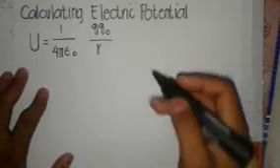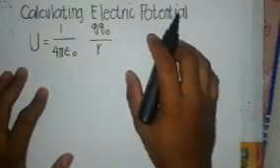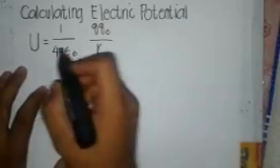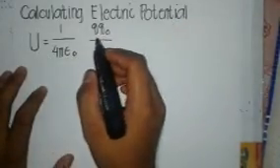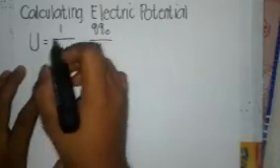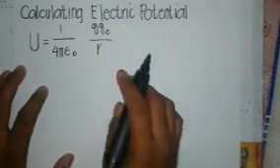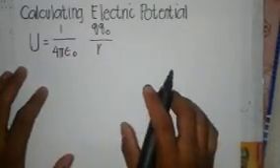Now to find the potential due to a single point charge Q, we divide the equation for electric potential energy of 2 point charges Q and Q naught by Q naught.